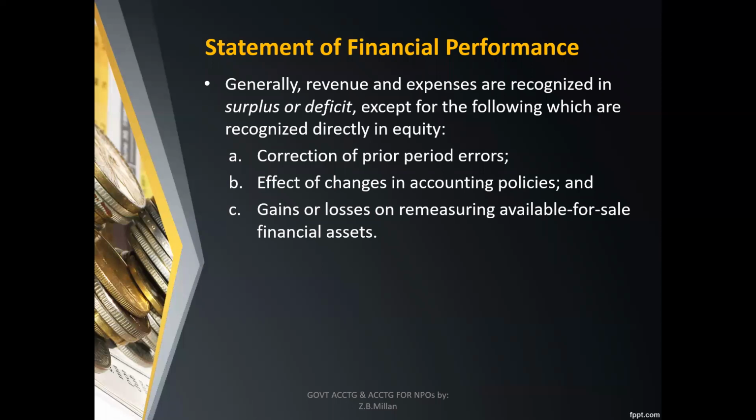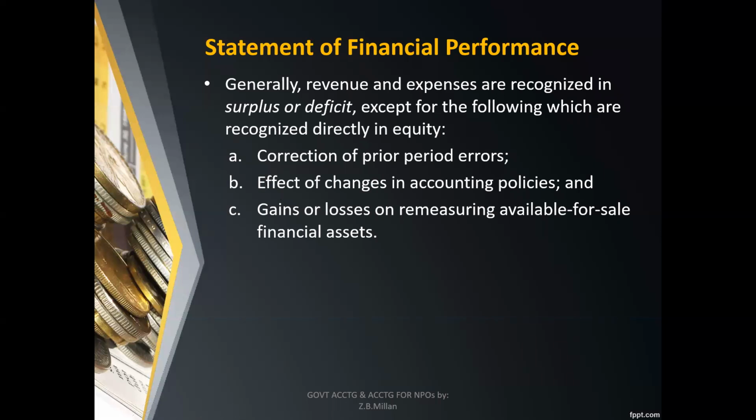Okay, now let's proceed to the second component of the financial statement, the statement of financial performance. So generally, revenue and expenses are recognized in surplus or deficit, except for the following, which are recognized directly in equity: the correction of prior period errors, the effect of changes in accounting policy, and any gains or losses on remeasuring available-for-sale financial assets.